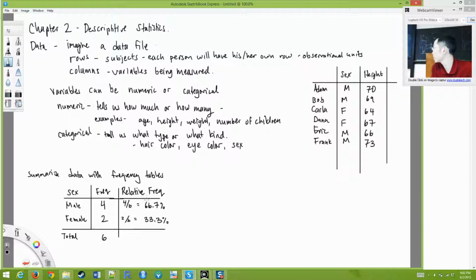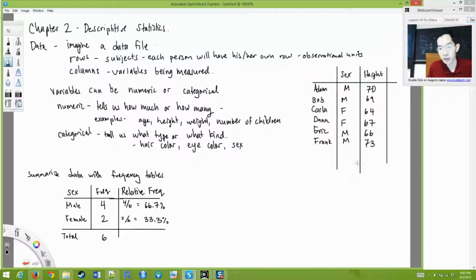So this is a very simple example using our made-up data, and we have a frequency table, or a relative frequency table. Okay, and you can also combine them.